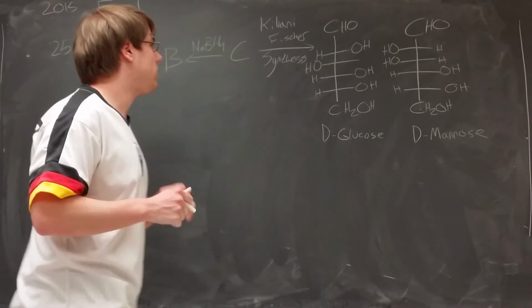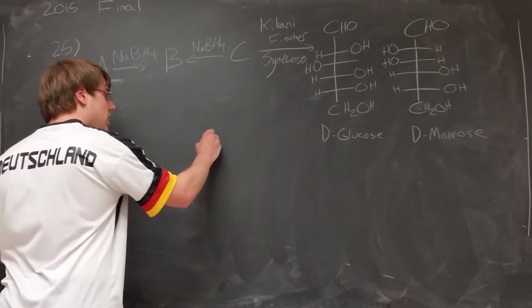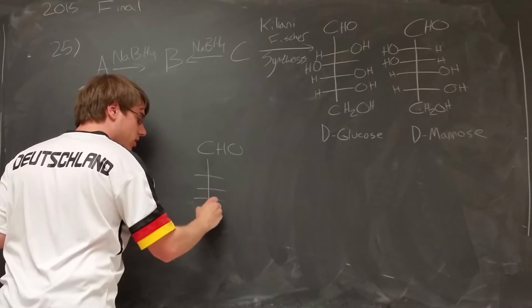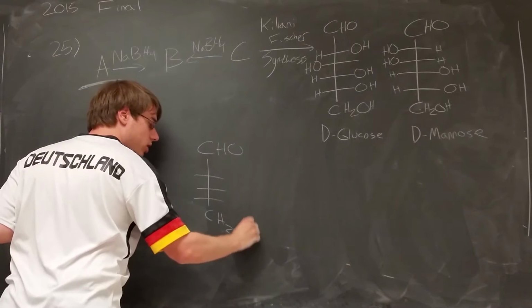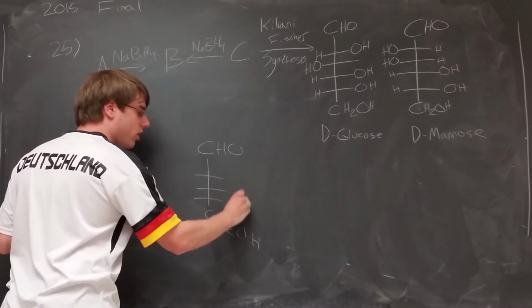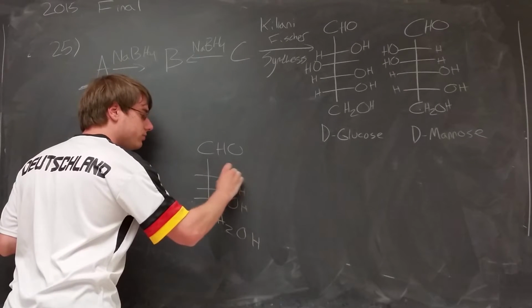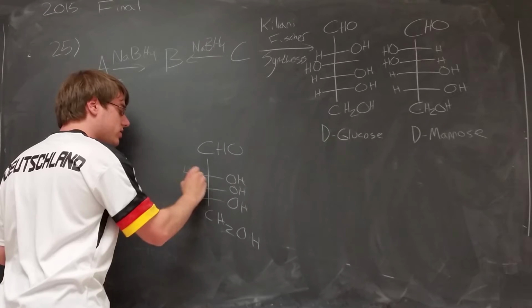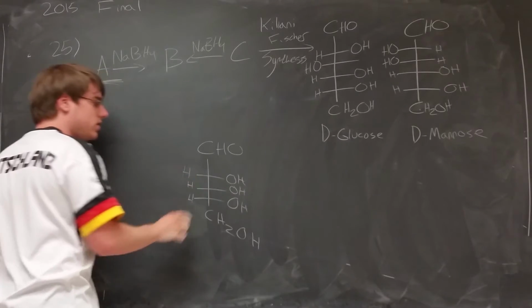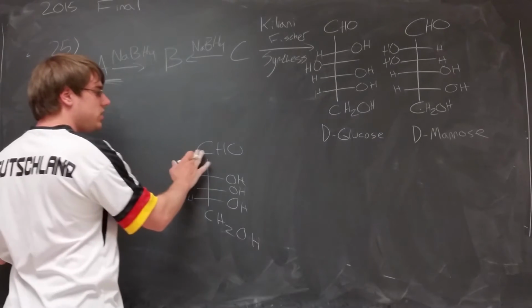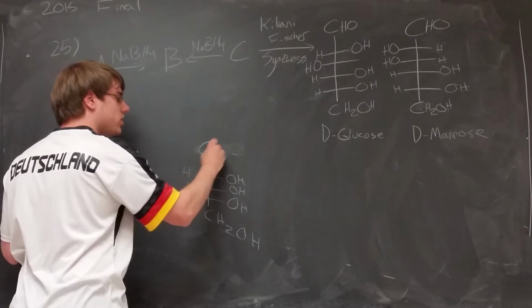Now, what the Kiliani-Fischer synthesis does is it takes a carbohydrate. Let's say I have a 3-carbon chain, or a short carbohydrate like this. And I'll just put all the OHs on the right side. What the Kiliani-Fischer synthesis does is it extends the carbon chain by 1, meaning this CHO, let's actually number these.